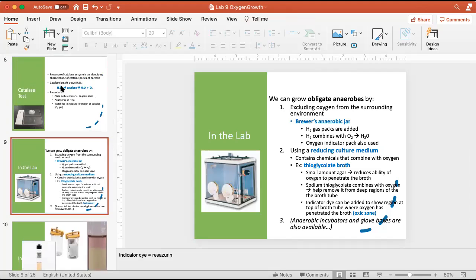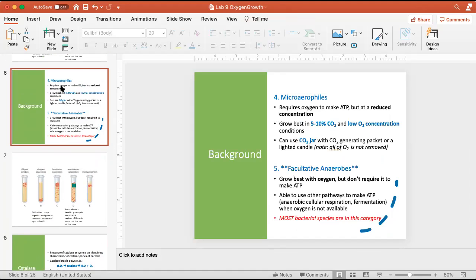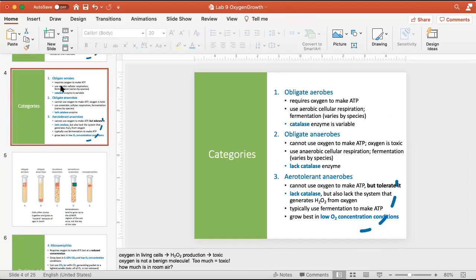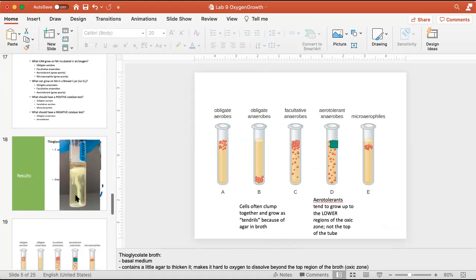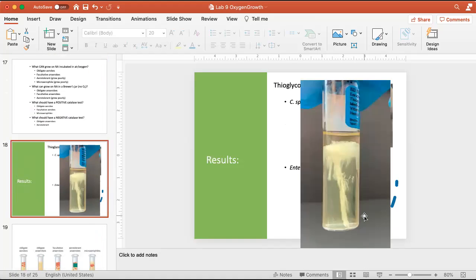Let me pull it back up for us. Look at the aerotolerant description. It doesn't use oxygen, but it tolerates it. Oxygen is not toxic. It grows best in low O2 conditions. We've got no growth at the very top where the most oxygen is.